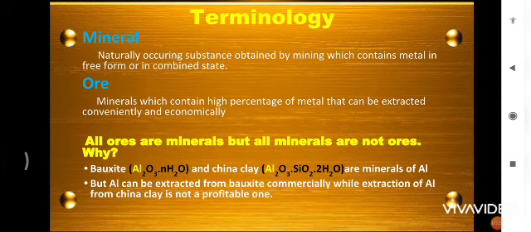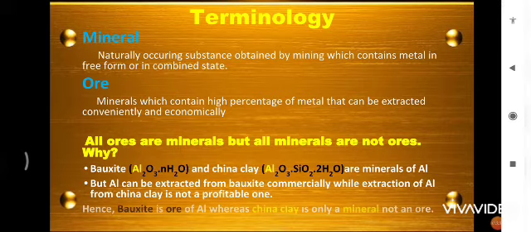But aluminium can be extracted from bauxite commercially, while extraction of aluminium from china clay is not a profitable one. Hence, bauxite is an ore of aluminium, whereas china clay is only a mineral but not an ore, because bauxite contains high percentage of aluminium in it, whereas china clay contains only a low percentage.